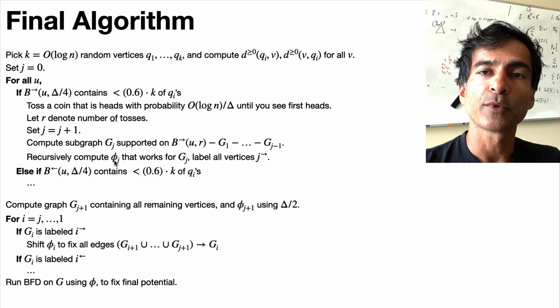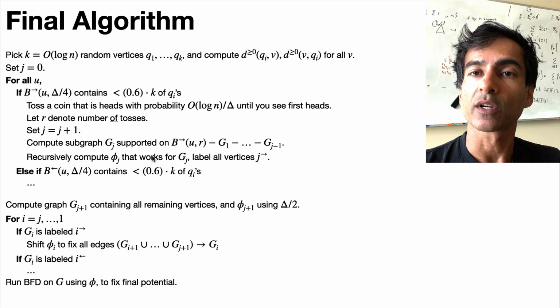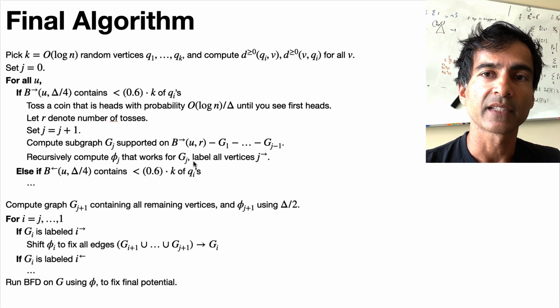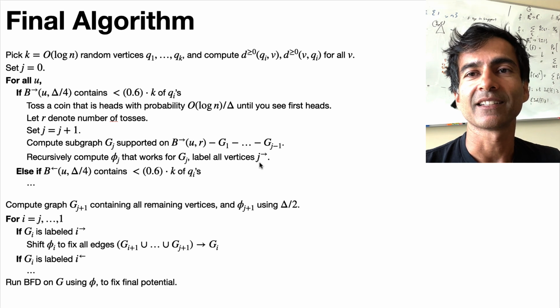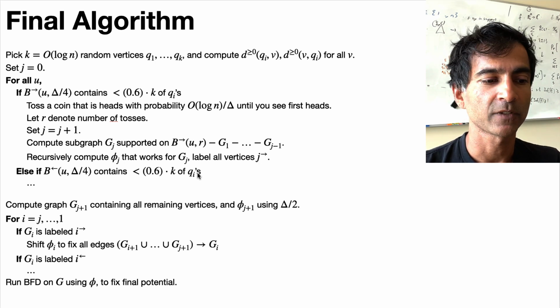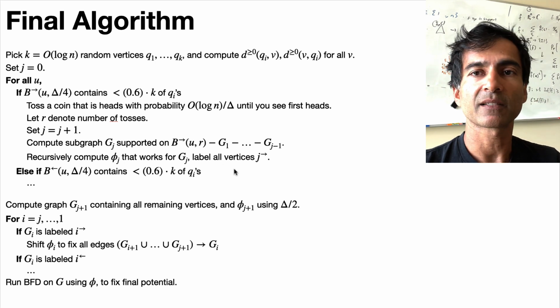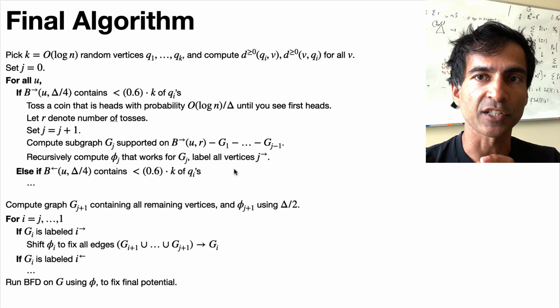And then we recursively compute a potential function phi that works for this Gj and label all the vertices to indicate that they belong to this graph Gj. In this way, we cover the entire space with graphs for which we compute potential functions.